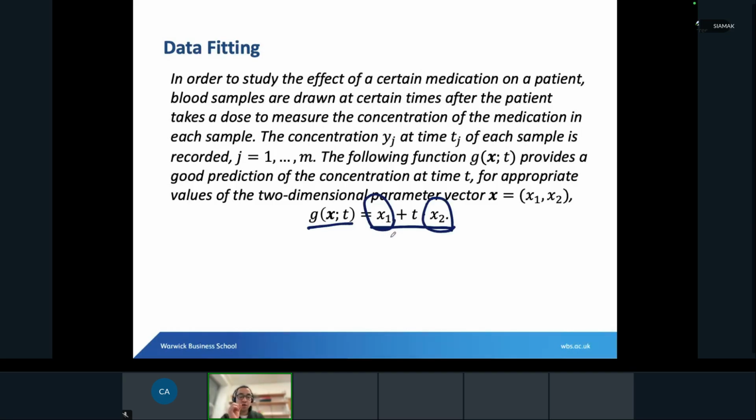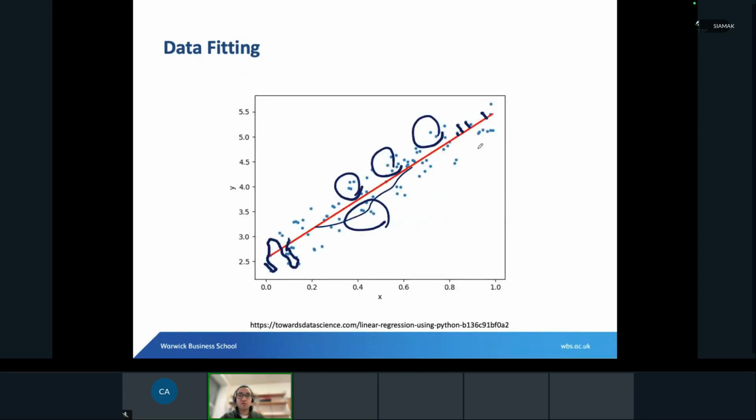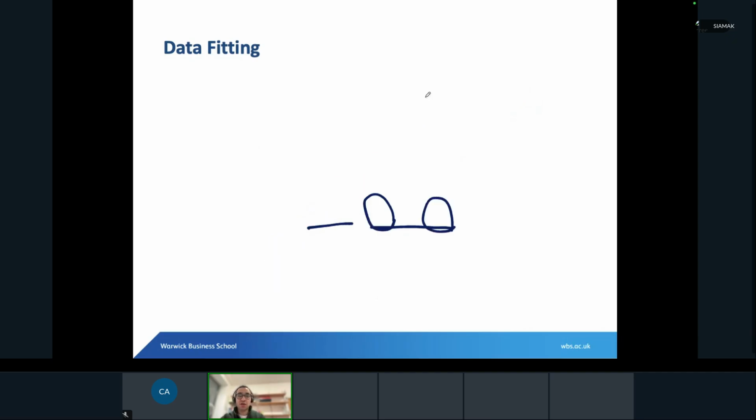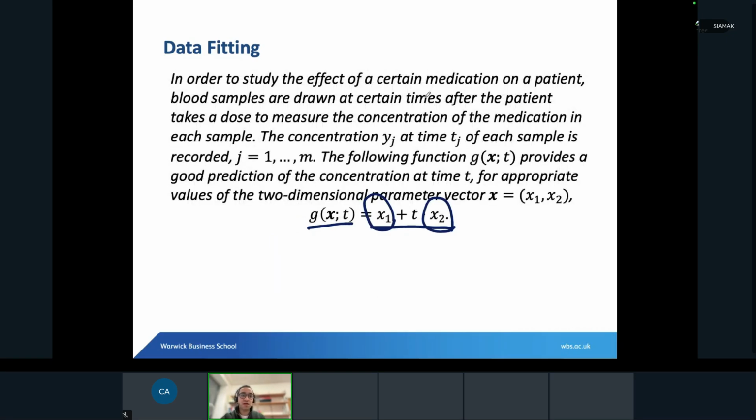So we want to see at time t what will be the concentration. Essentially, this is what we want. There are some observations that we have now. At some points here, we want to see if this is the amount that we have, what will be the concentration, which is a good practice to see how much we are going to apply to the patient.